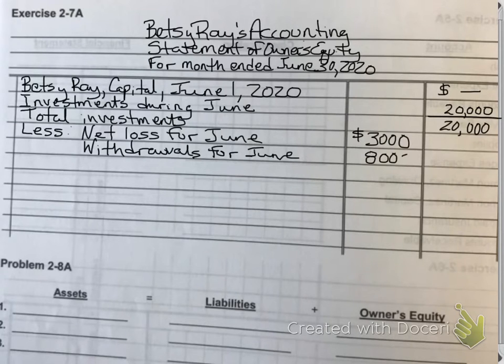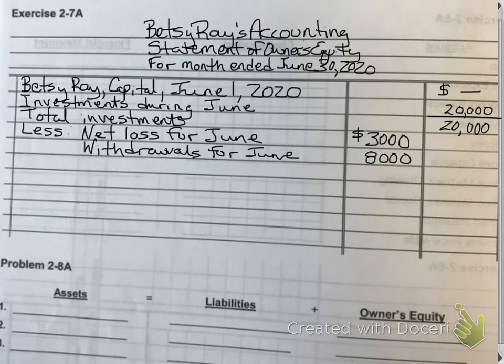Since the loss causes a decrease and the withdrawals cause a decrease, we're going to add those two amounts together to get the total decrease. That is different than how we handle it if it's a net income. If it's a net income, then it's an increase and the withdrawals are a decrease, so we subtract to get the difference.